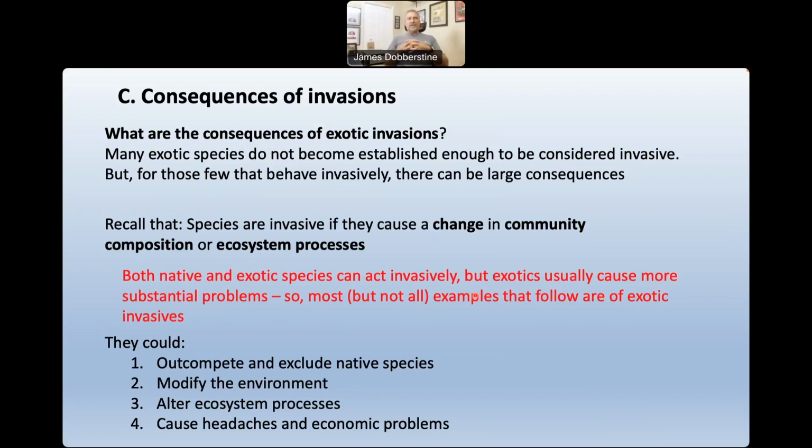For instance, Chinese tallow trees actually produce a toxin in their roots that prevents other plants from encroaching underneath wherever their roots are. Essentially, it poisons the environment. They can alter ecosystem processes, that can be hydrology and stuff we'll talk about later. And they can also be very economically expensive.